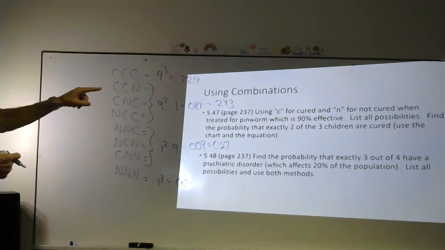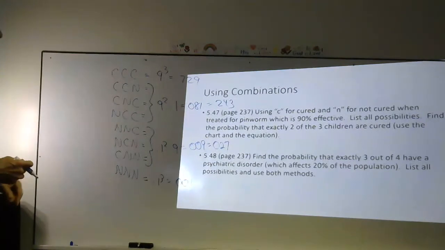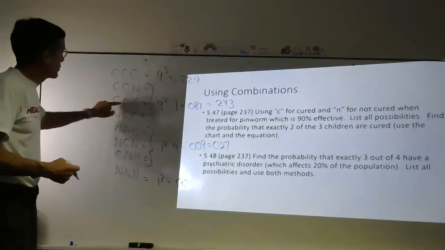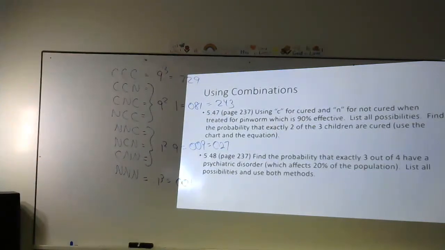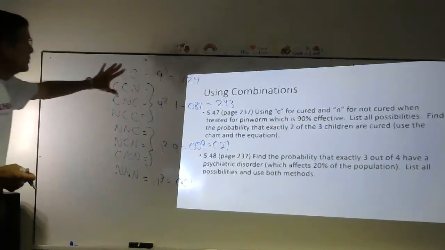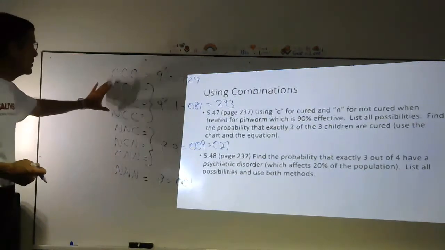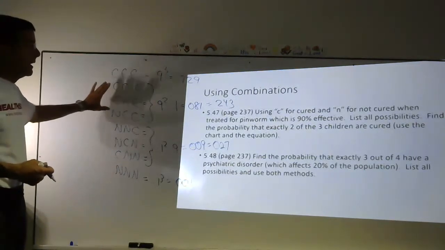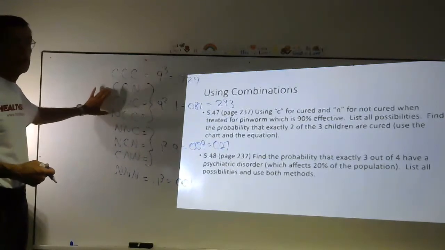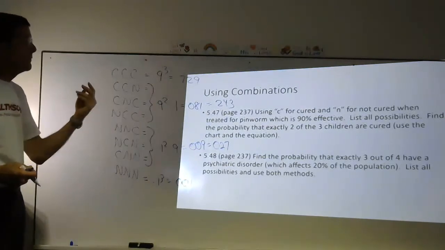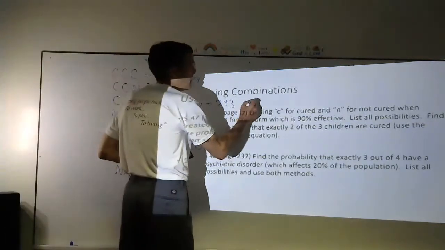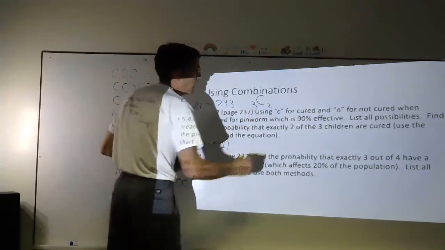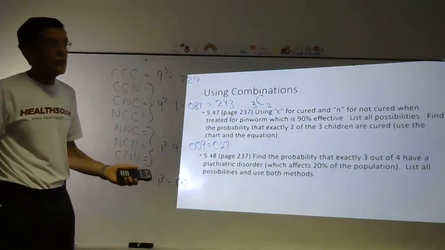We want to find a probability that exactly 2 of the children are cured, 2 of them are cured here, so the answer should be 0.243, okay? Now, instead of doing all this work, can't we jump to this right away? And there's a nice, easy shortcut way of jumping to this. First, if you're going to have 2 out of 3 kids, how many ways can I pick 2 out of 3 kids?